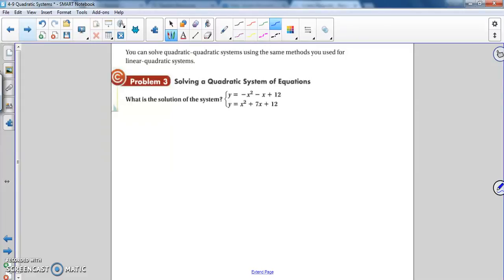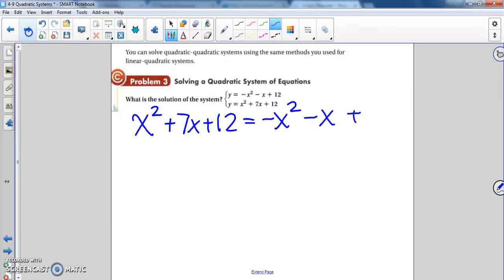You can solve a quadratic system using the same methods we did for solving linear quadratic systems as well. So you can graph both of the two quadratics and see where they intersect, or you can use substitution and set them equal to each other. So I'm going to do substitution. I'm going to once again put it in standard form.